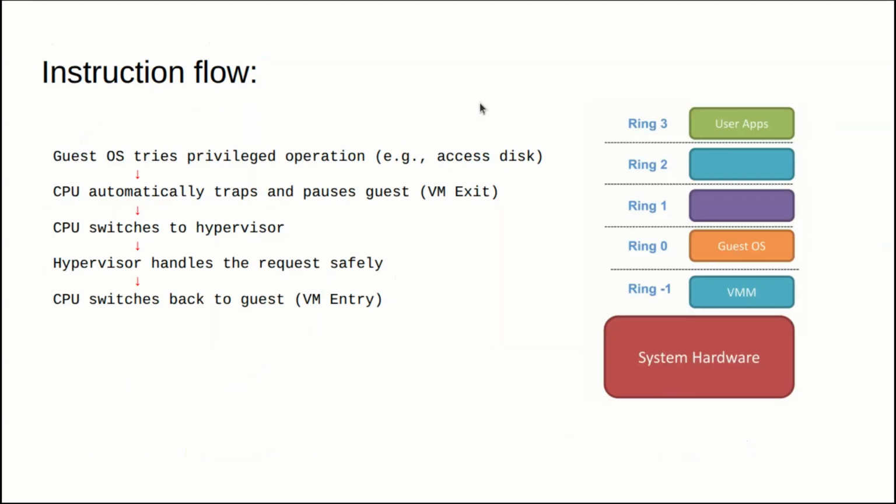But in the hypervisor, what actually happens is the guest operating system tries to access the disk. The guest operating system is not aware of the fact that it is in a virtualized system. So the guest OS thinks that it is doing a system call, trying to directly access the physical device.